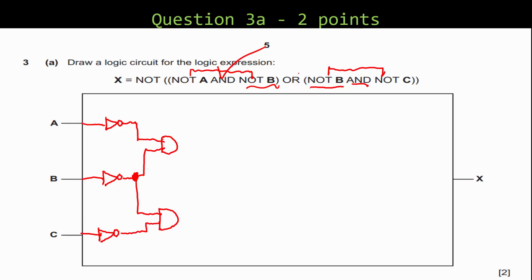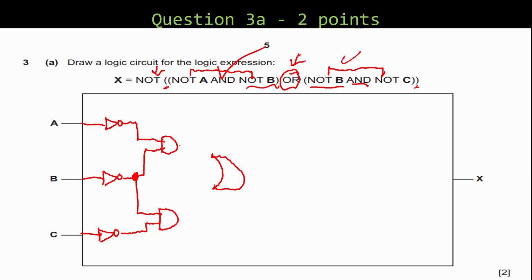Now, I need to OR these together. Now, don't forget about this not. We're going to do that in a second. What I want to do is, you'll notice this OR is inside the first set of parentheses here. The second set is to handle each of these. I need to OR these values together. So I'm going to draw my OR gate here.